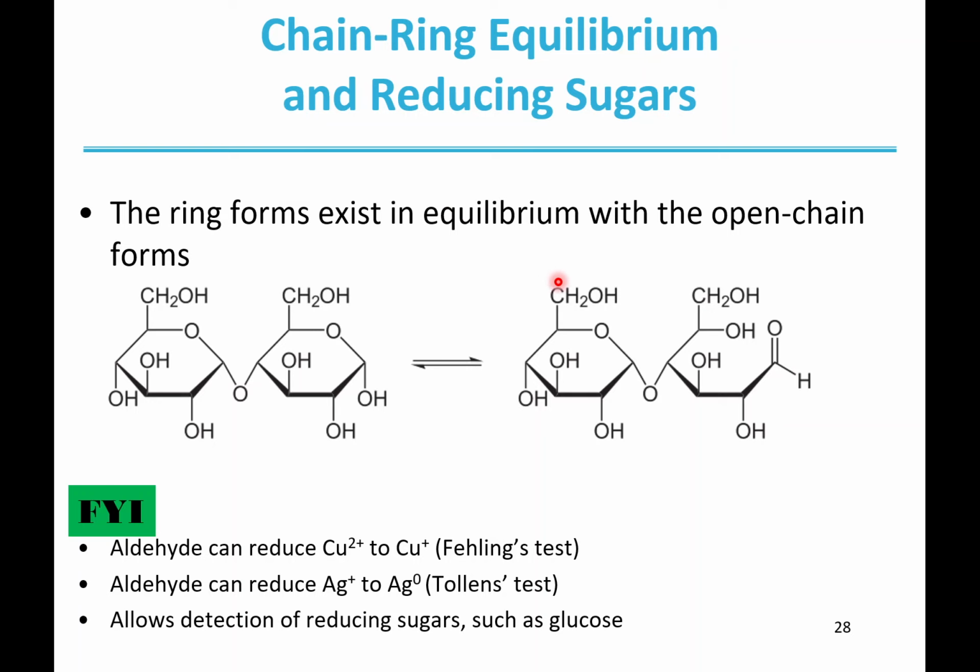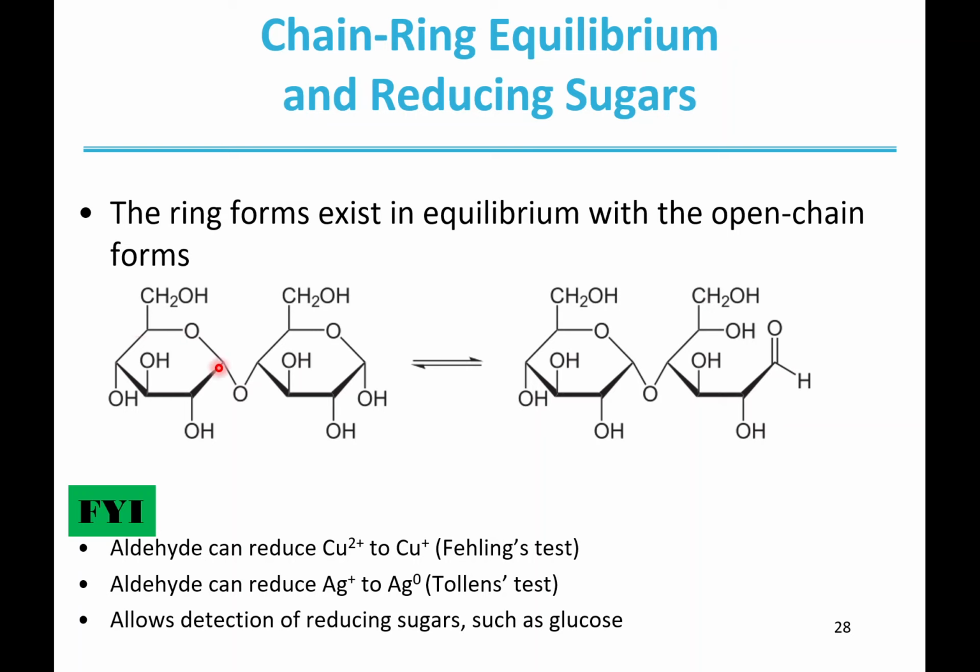Ring forms exist in equilibrium with open chain forms. So you can have an example here of this disaccharide, and this would be maltose again. We have our glycosidic bond between carbon 1 and carbon 4 on two glucose sugars. In this group here, at this carbon, we have an OR and another OR, a hydrogen, and an R group. So this would be an acetal functional group at this carbon.